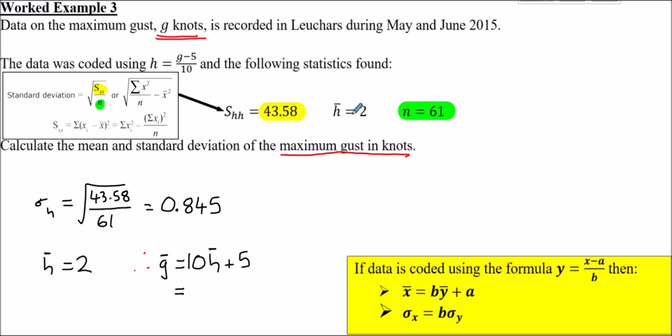So 10 times 2, so that 2 has just come from here, by the way. 10 times 2 plus 5, that gives us 25 knots.